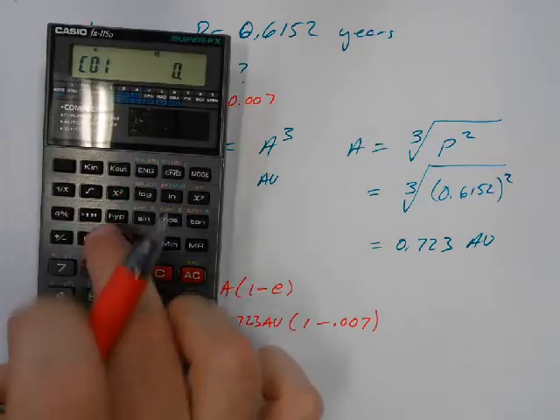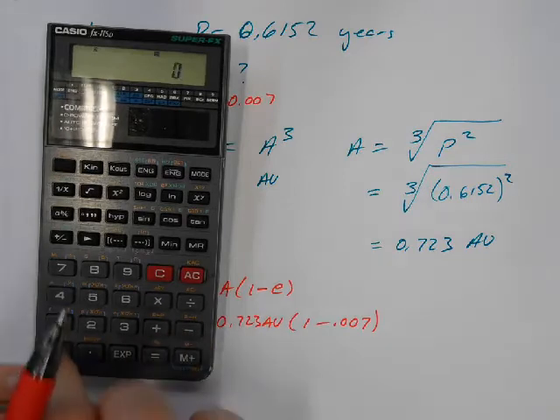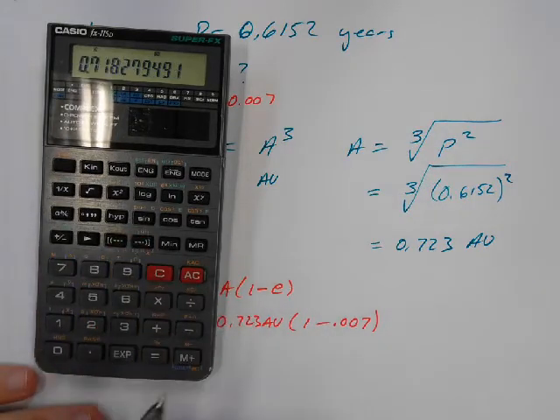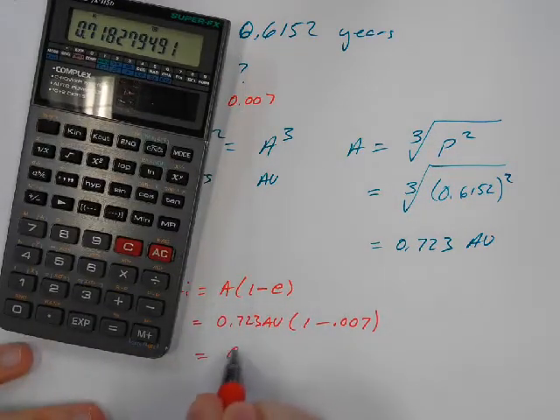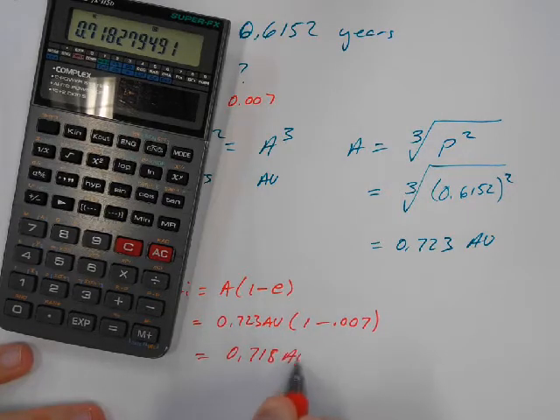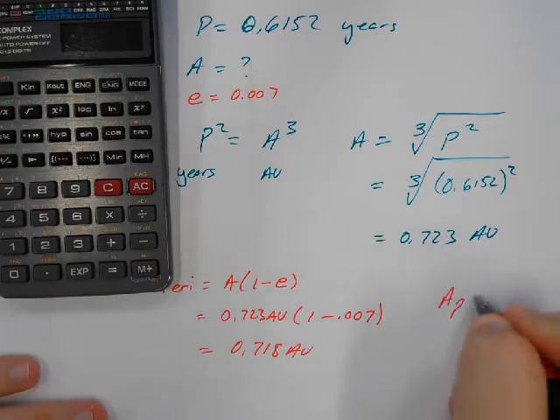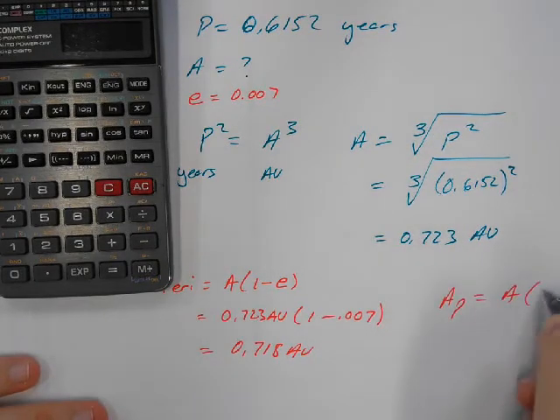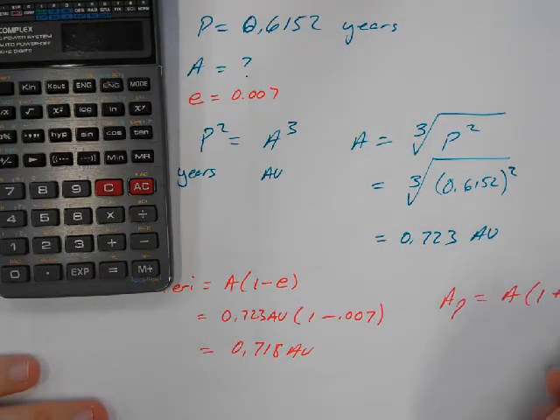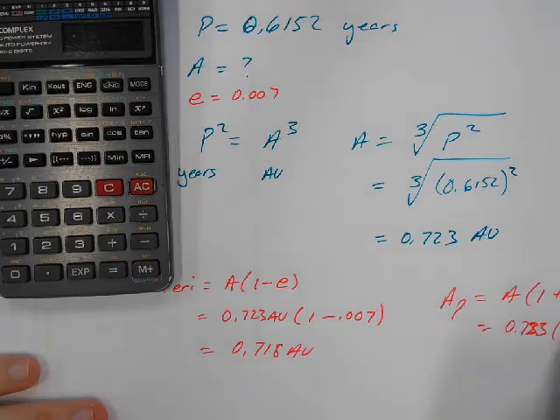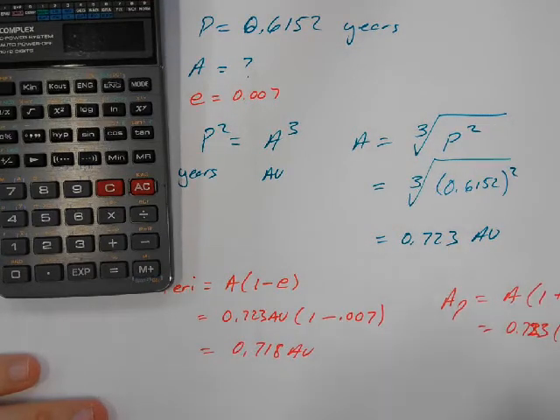This is 1 minus 0.007, and we get 0.718 AU. And we can go and calculate what AP is. It is A times 1 plus E. And it's 0.7323 times 1 plus 0.007.